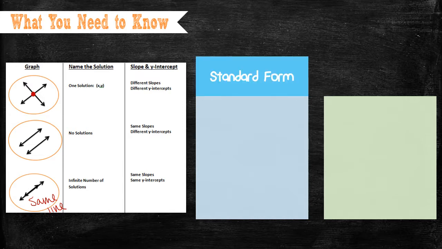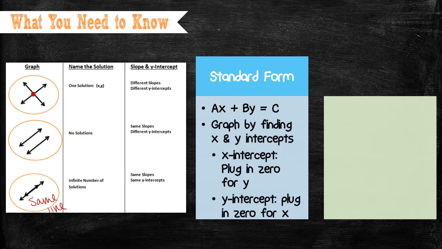When you're given two equations, usually standard form is going to be one of the types, that's your ax plus by equals c. If you'll remember, when we have standard form, the best way to graph that is by finding your x and y intercepts. So for the x-intercept, we plug 0 in for y, and for your y-intercept, we plug in 0 for x.